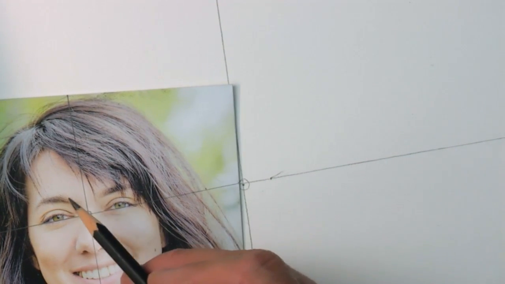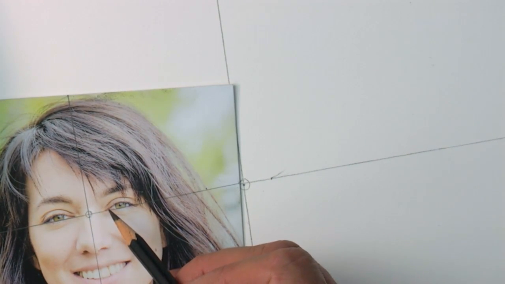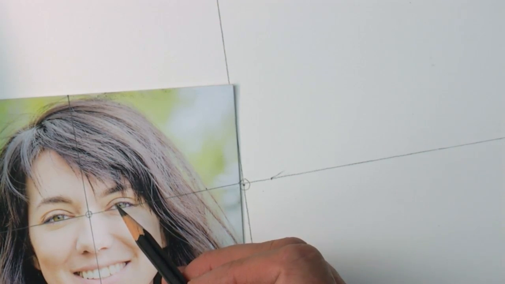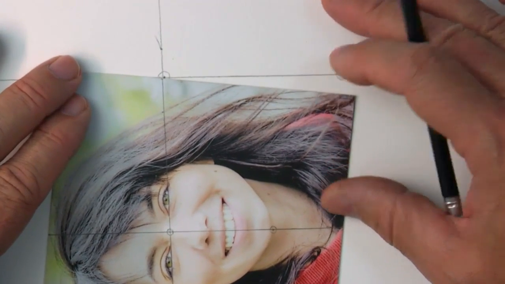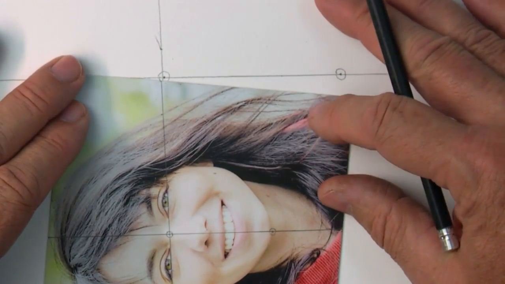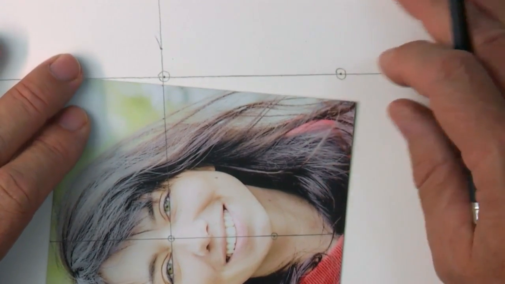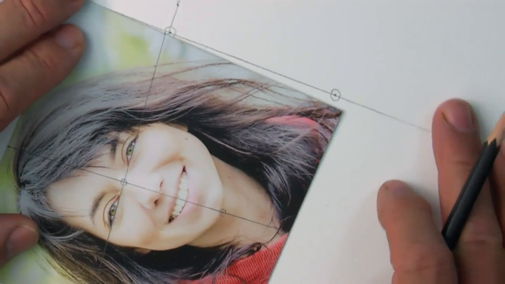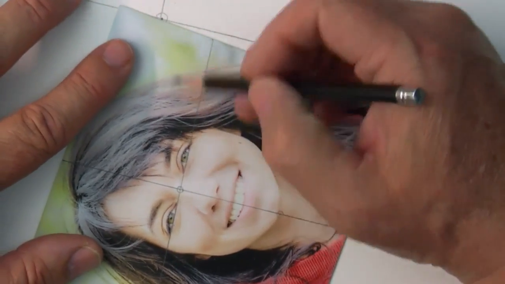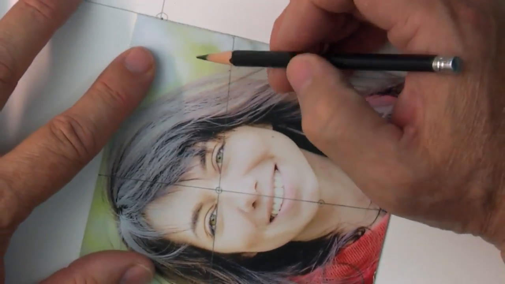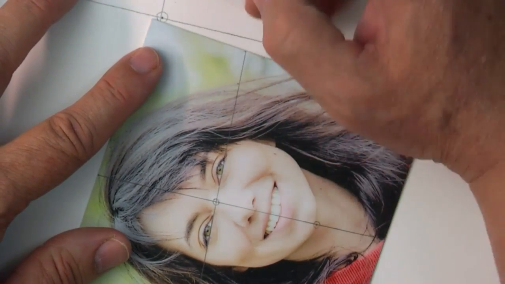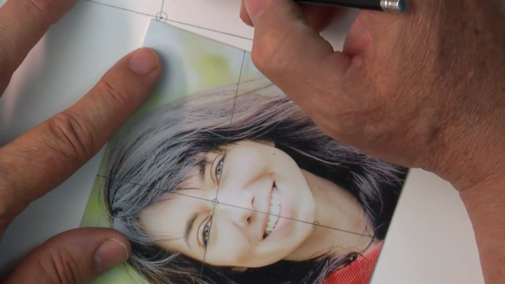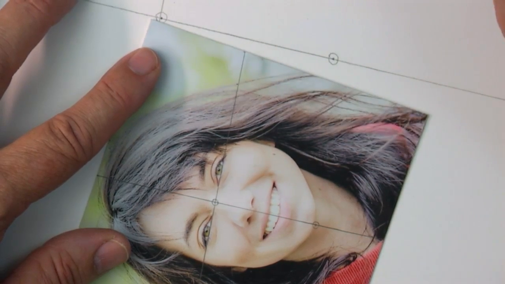I want to capture the angle coming from the corner up to wherever I'm going to go, as long as it's straight. So I want to turn this thing. And this is all part of that process of training your eye to see. Because if you turn these things around, you can sight right up it. Now I'm going to put it in a position where I can really sight right up that, and I'll have a pretty good idea of the angle of that corner of the eye.